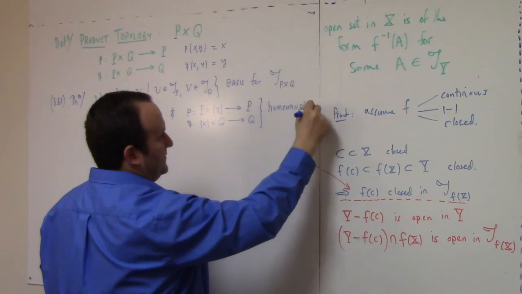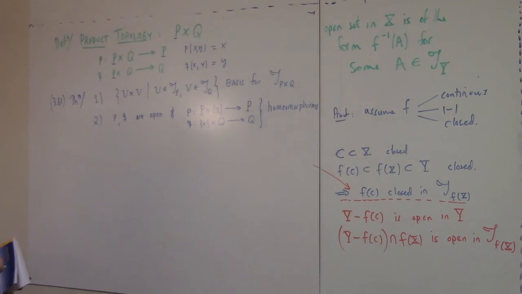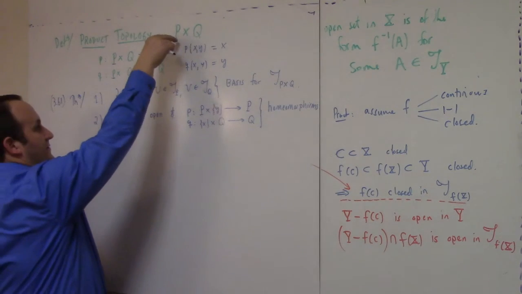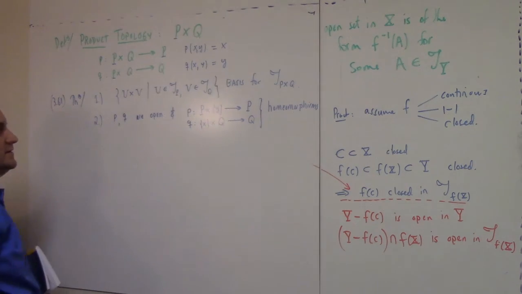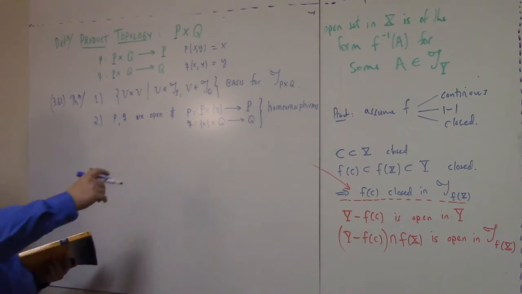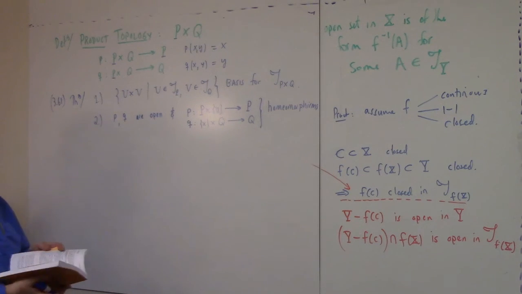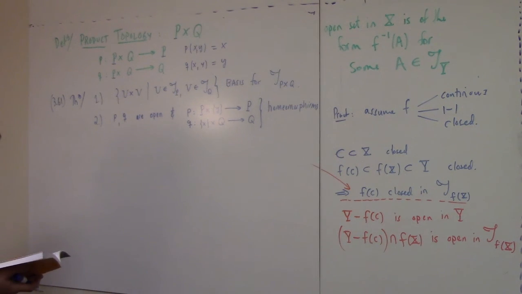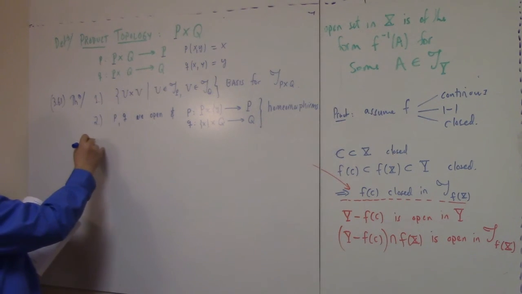It's not particularly surprising that I tell you that, in fact, there are copies of the topological space P and the topological space Q sitting inside P cross Q in this way. In fact, lots of them. Because these are homeomorphisms for any choice of y or x. 3, and this is really nice.